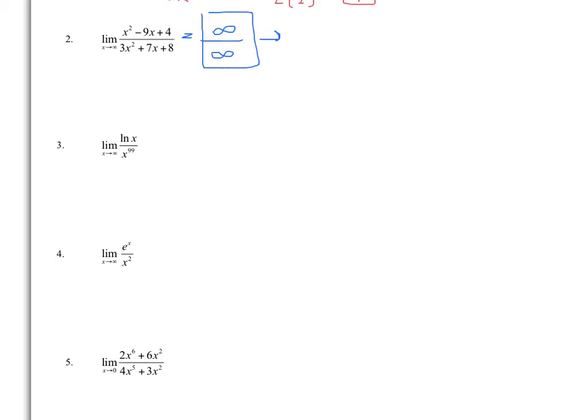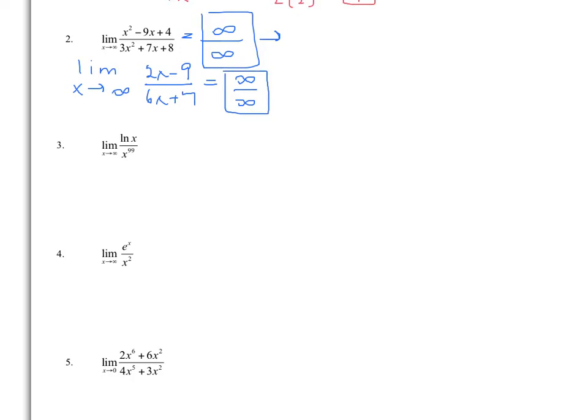Now, we're going to apply L'Hopital's rule again. We take the derivative of the numerator and the derivative of the denominator, and we try plugging in a very large value for x again. Oh, but wait a minute. We get infinity over infinity.